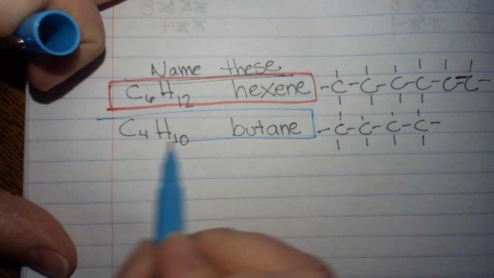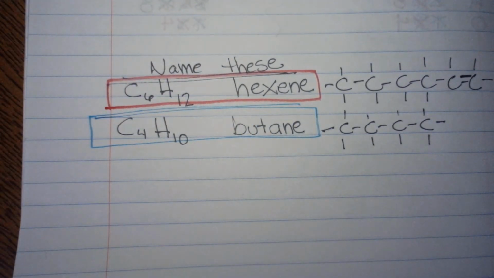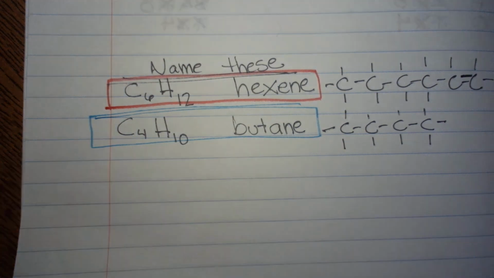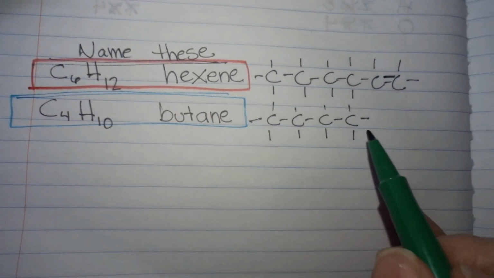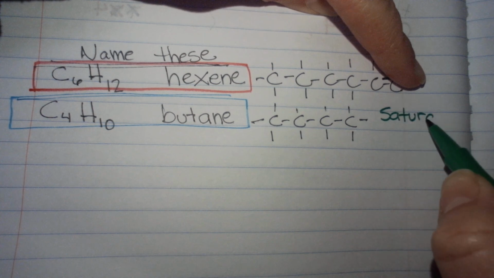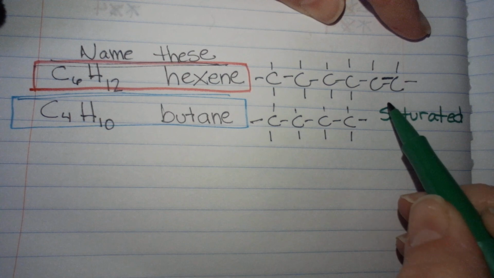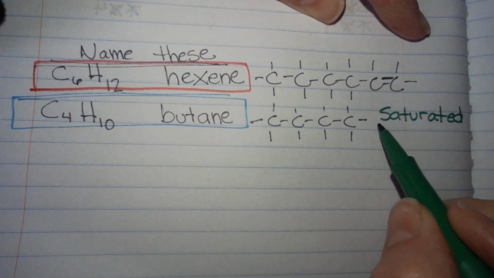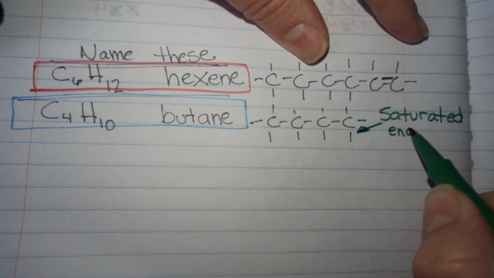Now that is what you need to know for our purposes. There's a couple other words we can put in there. If you notice, I had enough hydrogen to satisfy all my carbon. So this is called saturated. This one up here, so this is saturated. I have enough hydrogen.